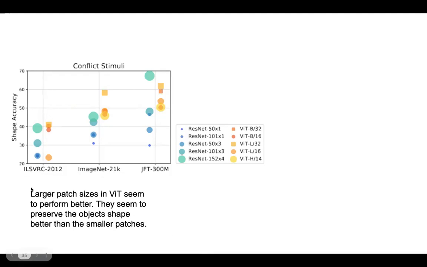Before, a ViT breaking the image into smaller patches performed well in all of the input perturbations we had seen earlier. But now a ViT that breaks down the image into larger patches performs well. So this is very strange. One reason we can give is that larger patch sizes may preserve the image shapes better than a ViT that breaks down the image into smaller patches.